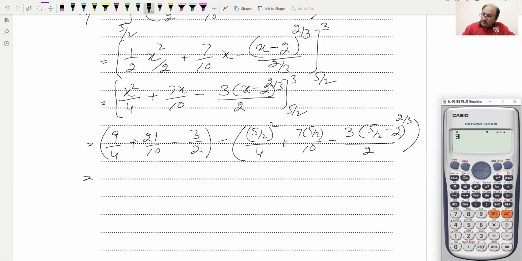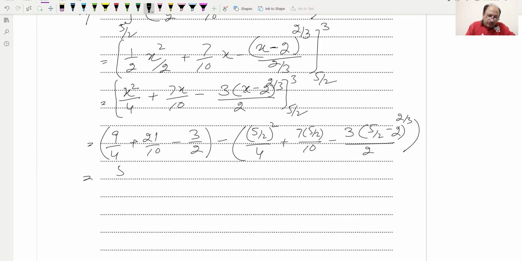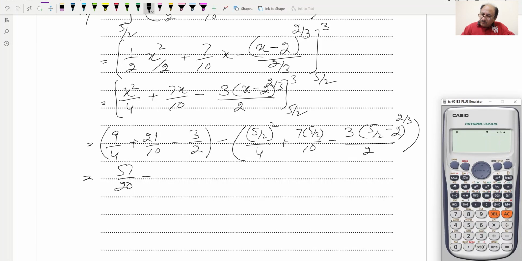So 9 over 4 plus 21 over 10, and next minus 3 by 2, and this will result in 57 over 20. So 57 over 20, and minus, if we simplify this, 5 by 2 will basically be 2.5.